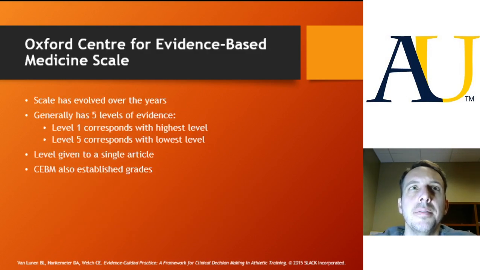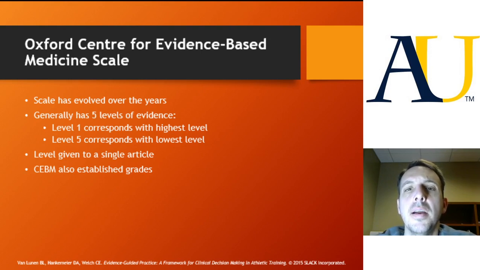So the Oxford Center for Evidence-Based Medicine, or OCEBM, that you may see often in the literature described, is a scale that's been developed for several years and has 5 levels of evidence.